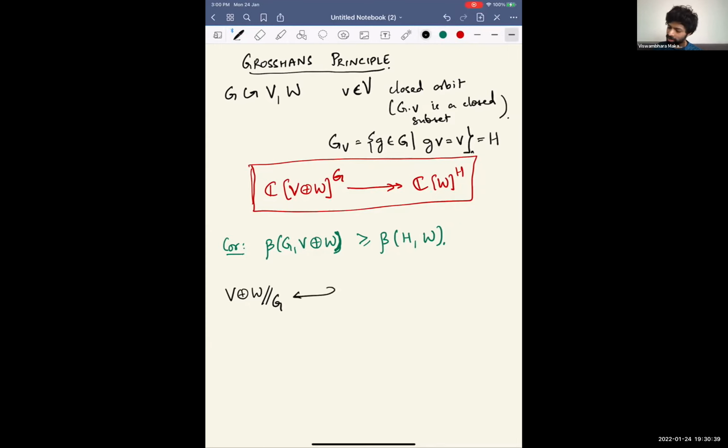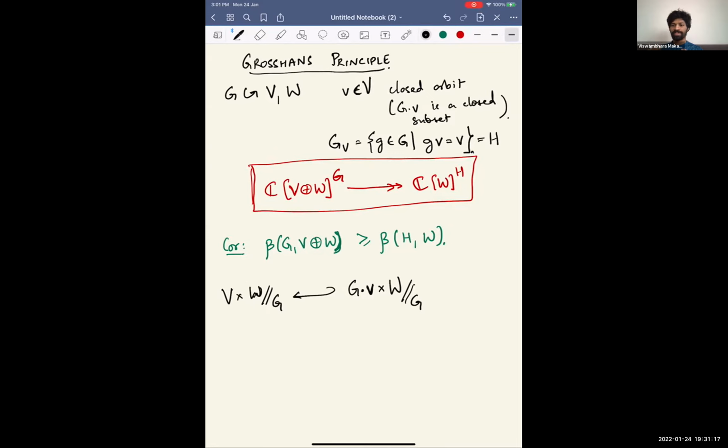Now inside here, if I just look at the orbit of this vector V, maybe instead of putting a direct sum, I'm going to put a cross, just because after a while the two things aren't the same. So it's just a subset of which G dot V is closed. But if you think about what the group action is doing here, this G dot V is sort of absorbing the G mod H action.